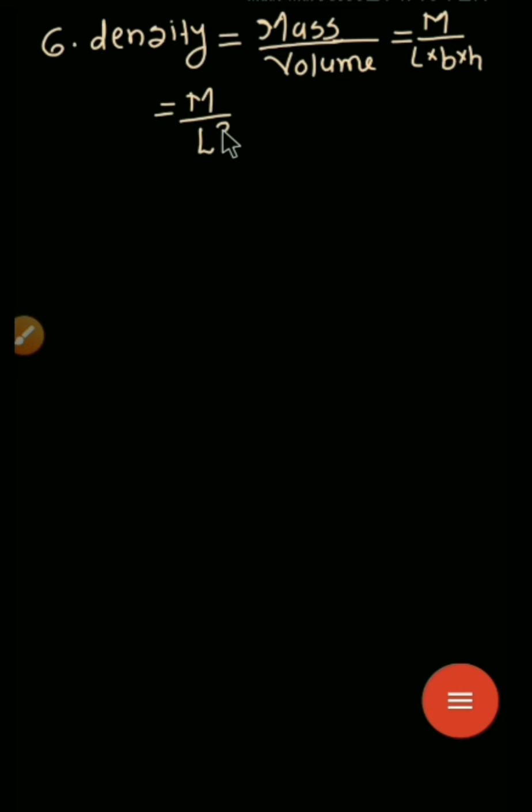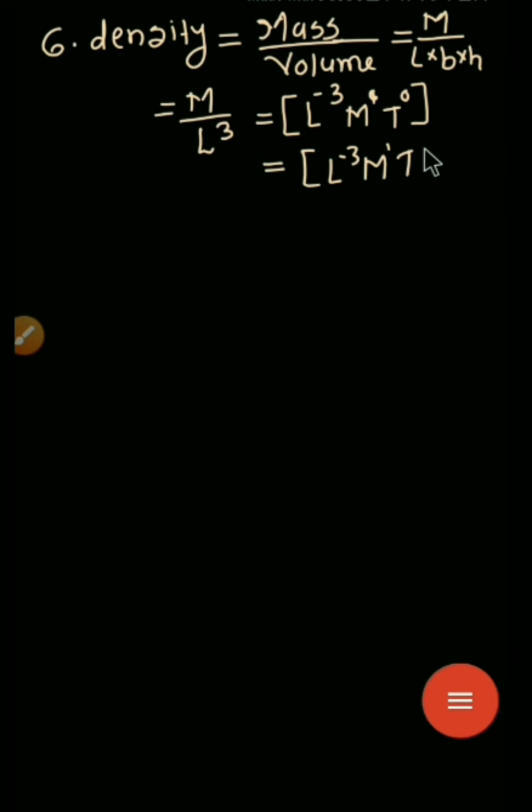This is L cube. सो अगर इसके डायमेंशनल फॉर्मूला लिखना है तो will write down L. अभी देखो L क्यूब it is in the denominator, तो अगर हम इसे ऊपर लेके जाते हैं तो इसका पावर हो जाएगा -3. M is 1 and time is absent, so this is 0. So dimensional formula for density is L of power -3, M of power 1 and T naught.